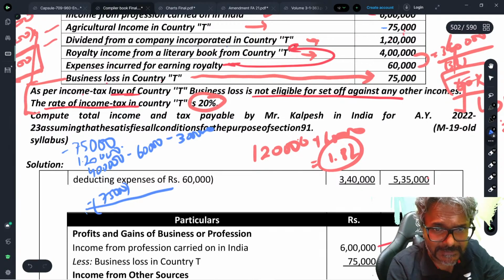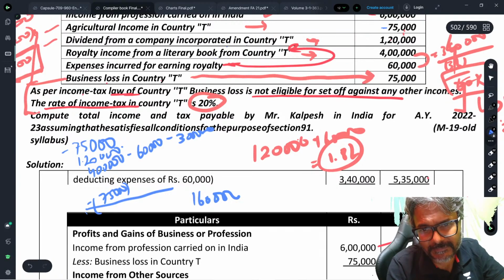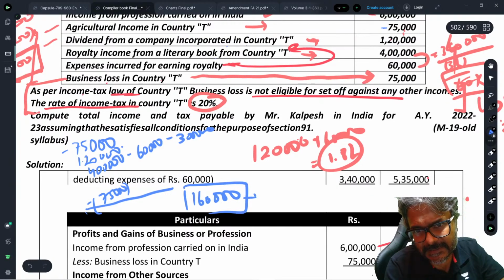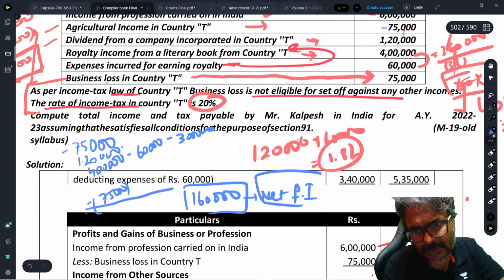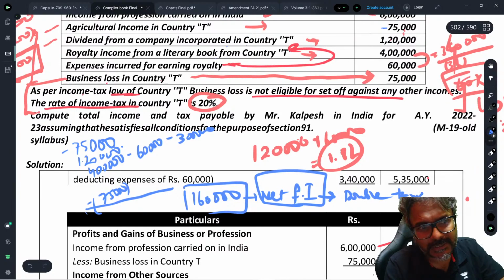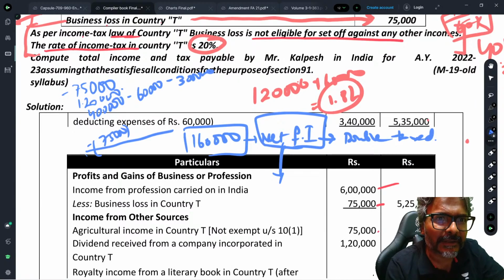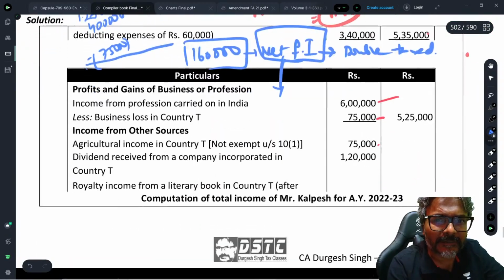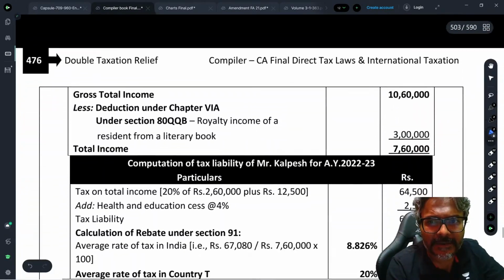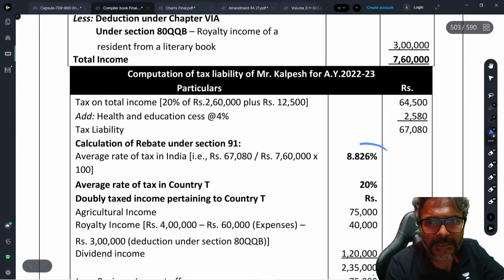120 and 40, 1,60,000. So this is the net foreign income, which is subject to double taxation in both the countries. How much is that? 1,60,000. And of this 1,60,000, which rate will I apply? The foreign rate they have given you is 20%, whereas the Indian rate is 8.826%.